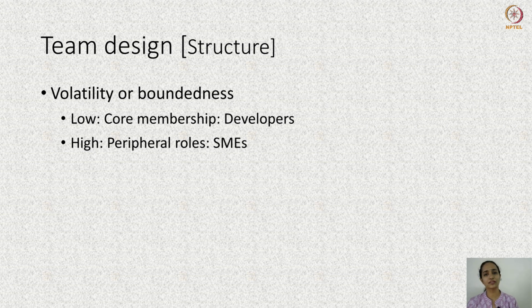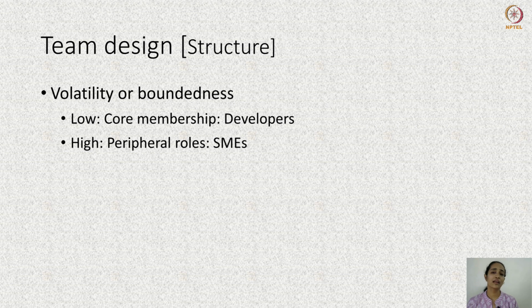So boundedness is a property of the team that exists on a continuum. On one extreme end of this continuum, you will have teams which are highly bounded. That is, at any given point in time, members of the team are members only of one team. That is, they do not work on multiple teams simultaneously.